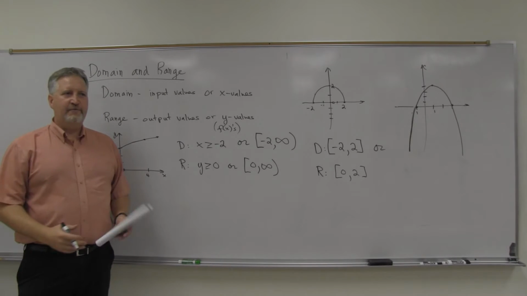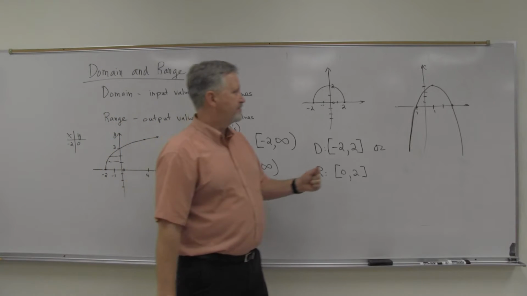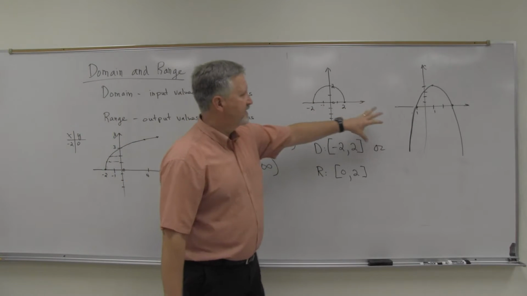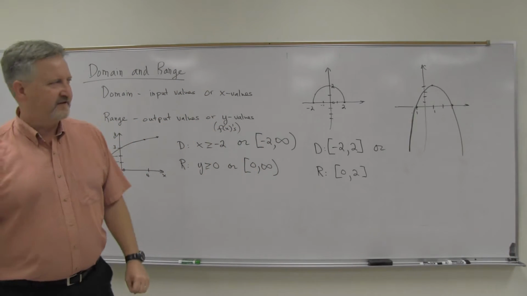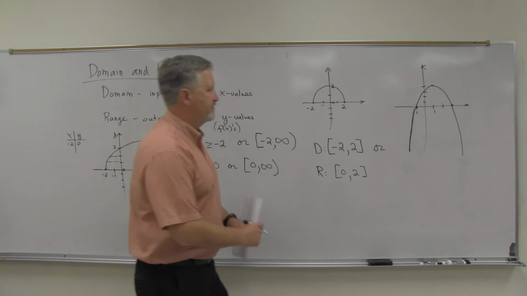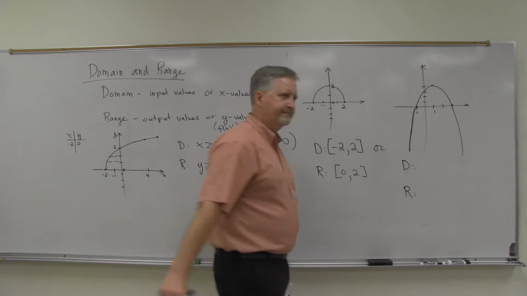Yeah, so this one maybe later, but this is more like one we would come across as far as graphing is concerned. So let's talk about the domain and range right there.